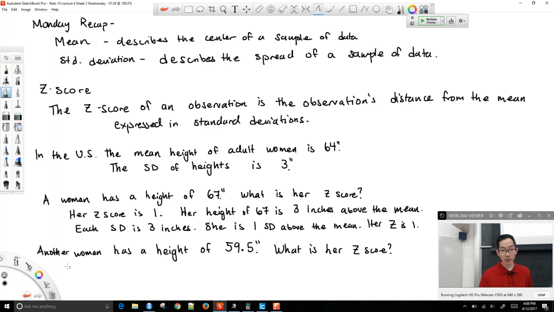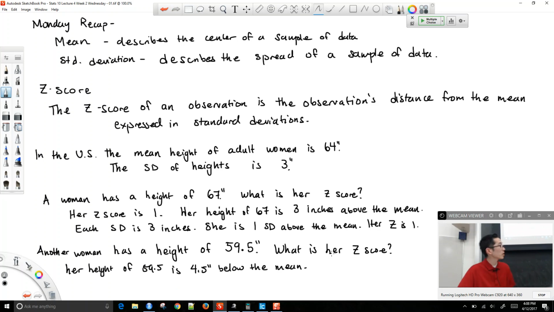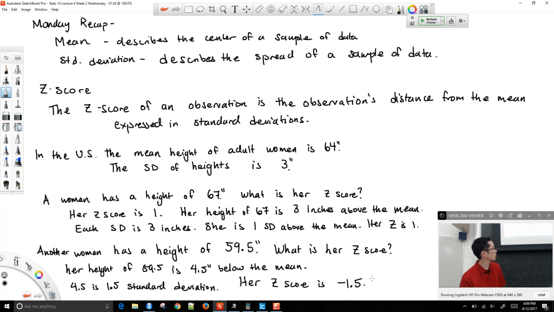Her height of 59.5 is 4.5 inches below the mean. If her height is 4.5 inches below the mean, how many standard deviations is that? That's 1.5. And because her height is below the mean, her z-score will be negative 1.5. Is that okay?